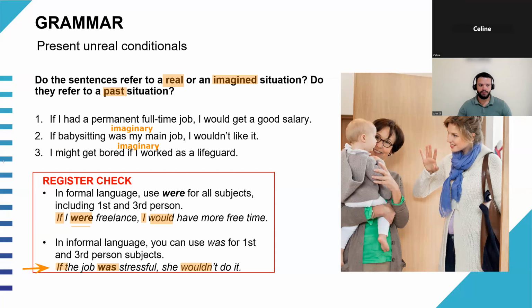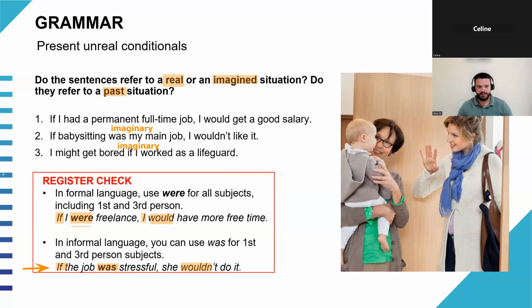Okay. All right. And informal, for third person, you can use was for informal. Exactly. Yep. But it's always better to be formal than informal. Okay. So if you want to remember one, just remember the formal. Okay. All right. Thank you, teacher.